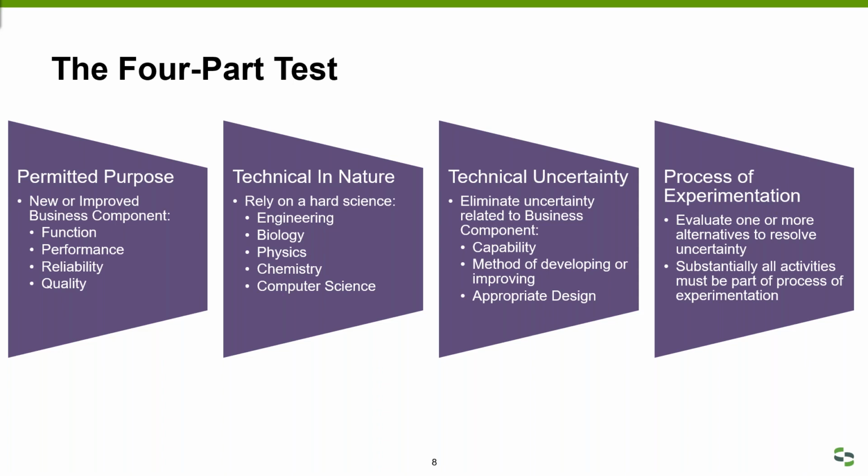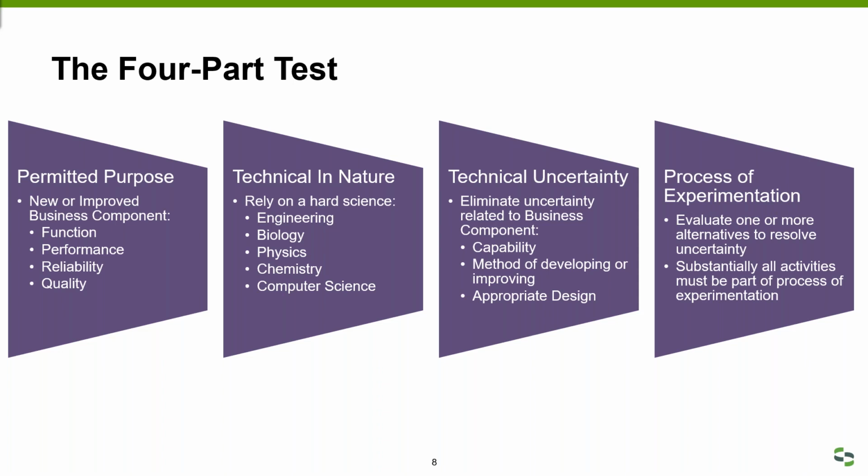What is the method of developing or improving an existing business component? And then ultimately, what's the appropriate design? So in technical uncertainty, the standards are capability, method, and really process, or what's the appropriate design. And then ultimately, all R&D must have a consideration of one or more alternatives to resolve that, quote, technical uncertainty. And in anything, one can argue that there is always one or more alternative considerations.